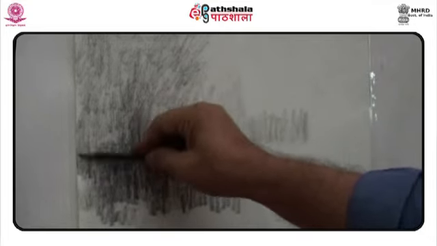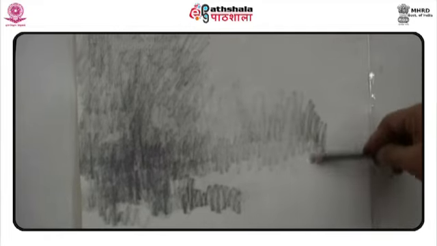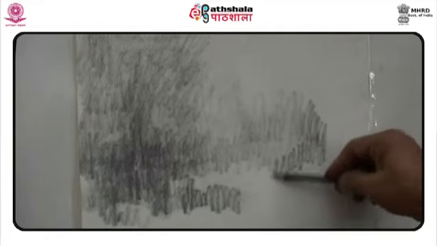While making a drawing with depth, one has to keep in mind three tonal variations: the light white, the middle tone grey, and the darkest black. By using these variations, one can easily create a three-dimensional effect on the two-dimensional surface.